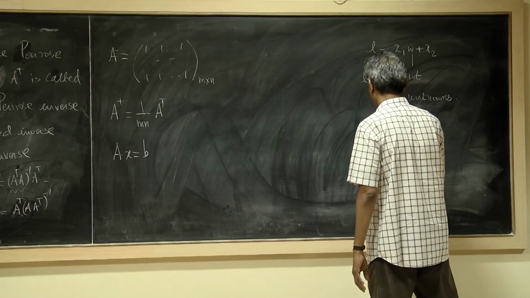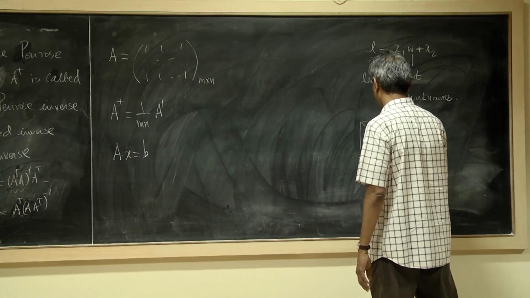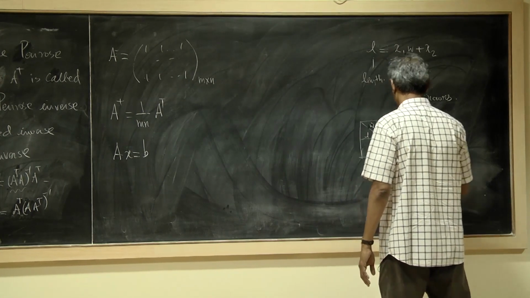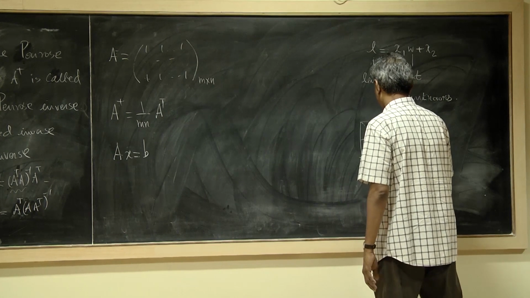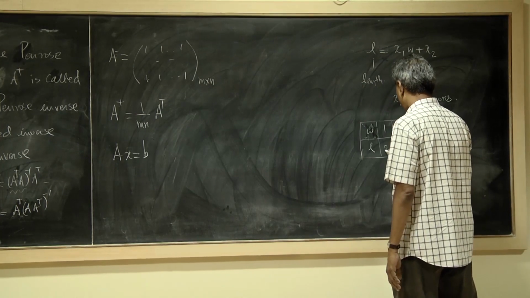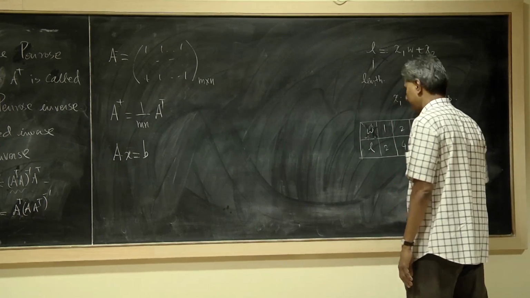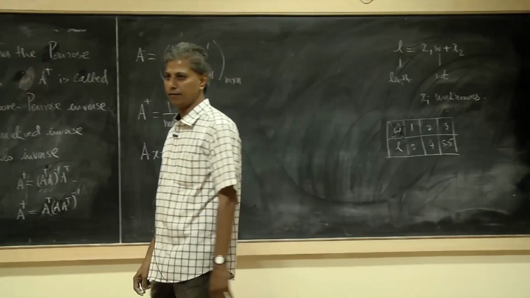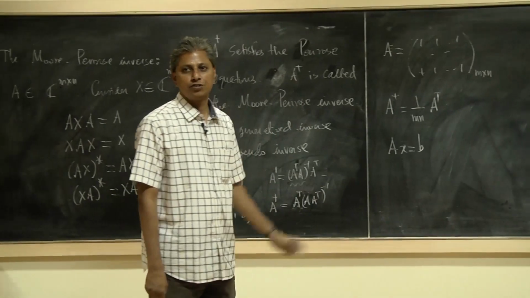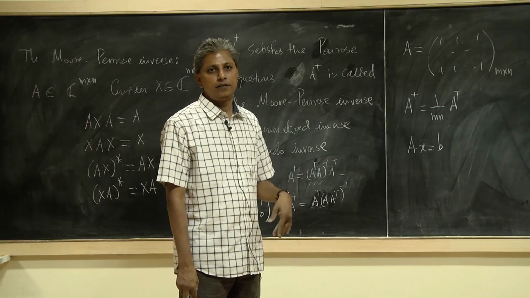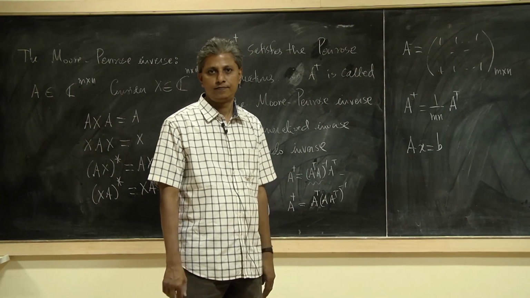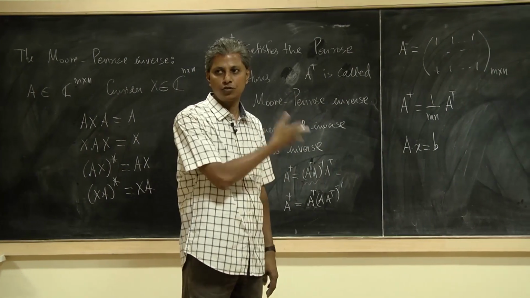This is L, this is W, and this is L, for instance. 1, 2, 3. This is W, this is L. I'll have, let's say, 2, 4, and 5.5. Some hypothetical data. Now you substitute this into that formula, you will not get a solution. There is no solution for this system.